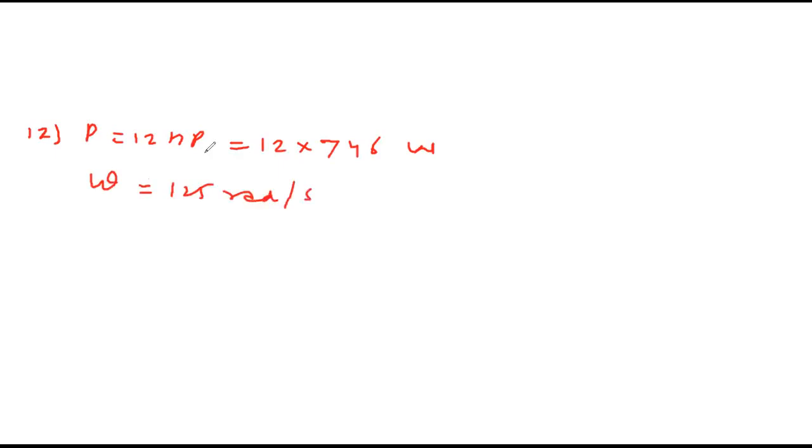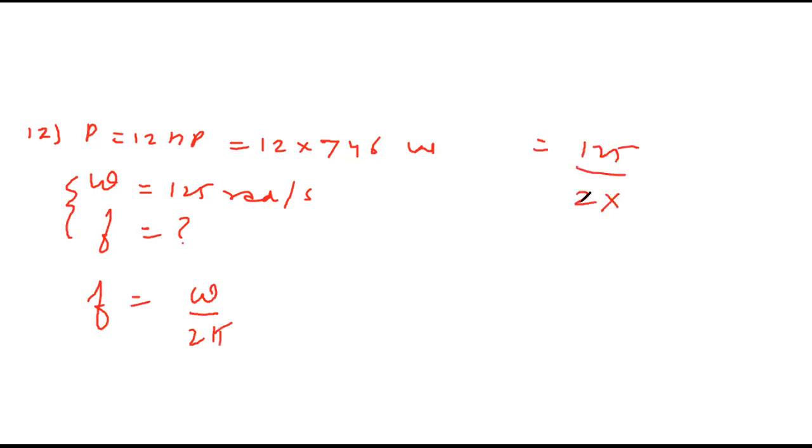What will be its frequency of rotation? See, from this only I can get frequency, no need of power. Frequency is omega upon 2 pi, which is 125 upon 2 pi.